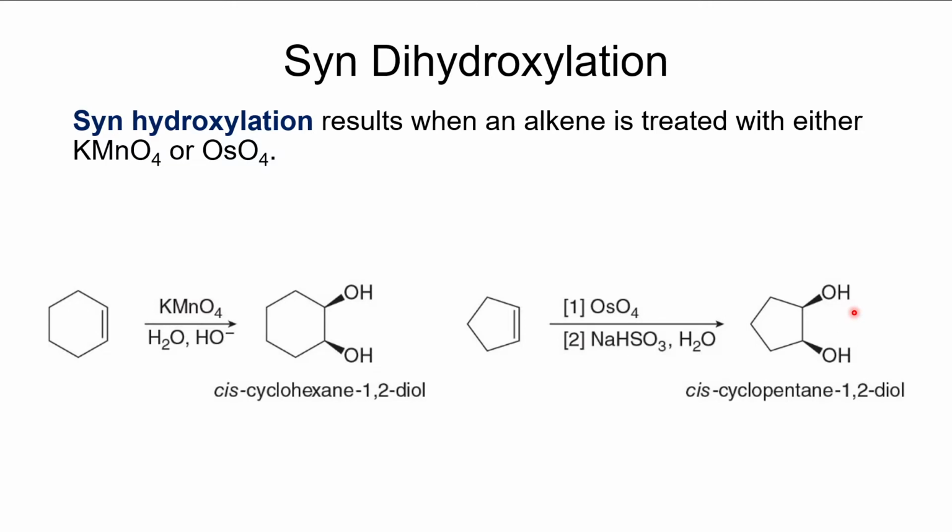There are definitely advantages of each of these. The advantage of this is, one, potassium permanganate is pretty cheap, and this is all in one pot, so that's a big advantage. The advantage of this one is that it's not a strong base solution, so if you have something that's sensitive to bases, this one may be a good choice.